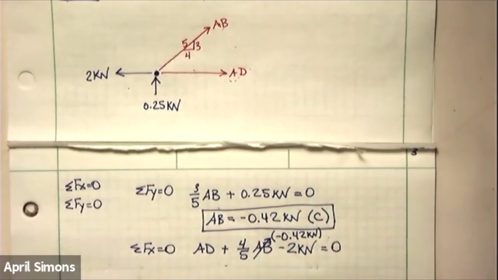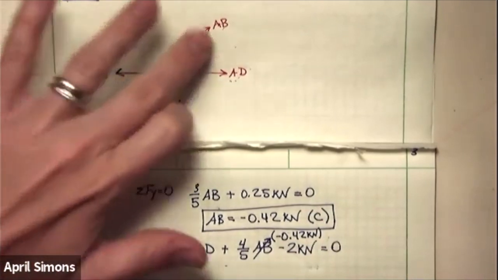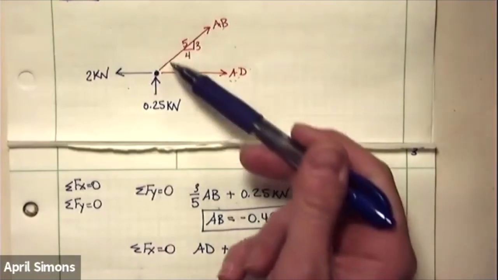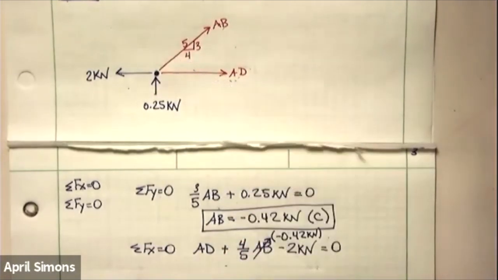So again, we want to draw our free body diagram with everything in tension. When we solve for X and Y here, we'll get negatives or positives, but we're going to write our equations based on our free body. Okay, so once we solve for AD here, substitute in AB, we get a positive 2.33 kilonewtons.